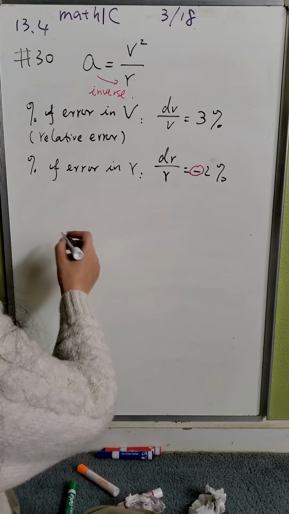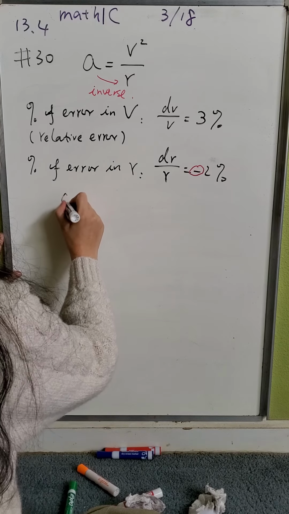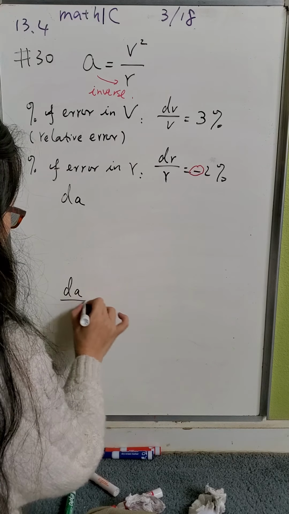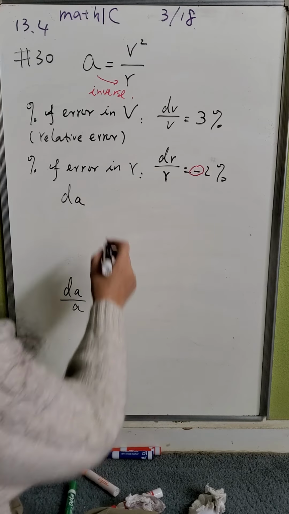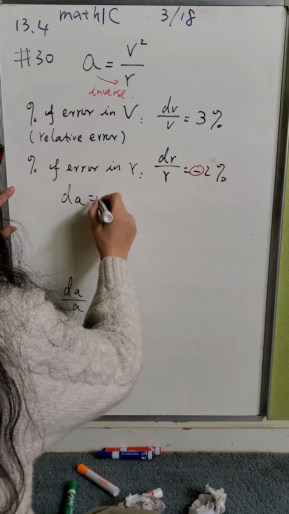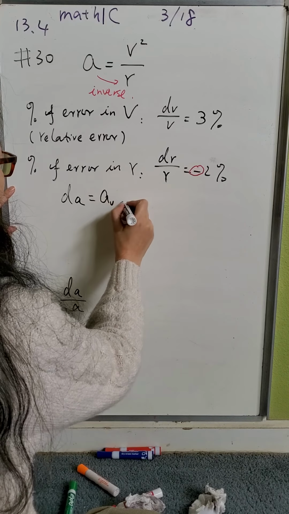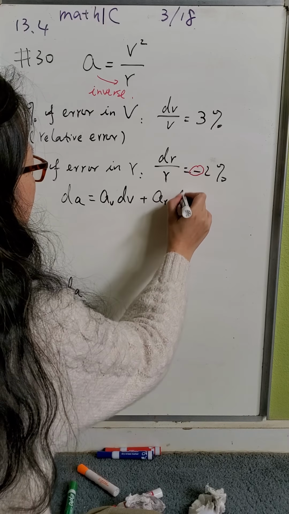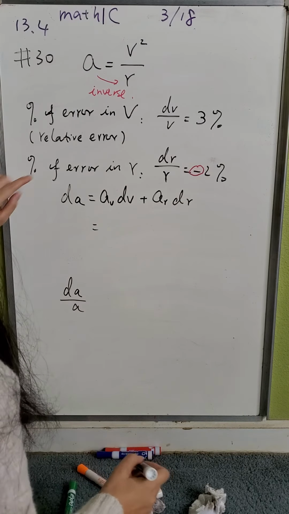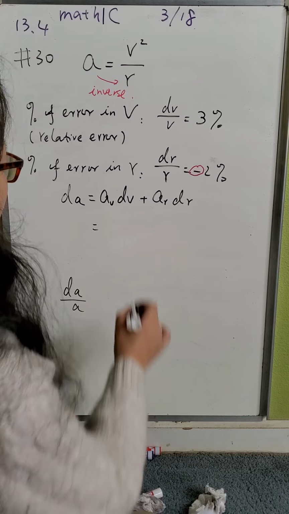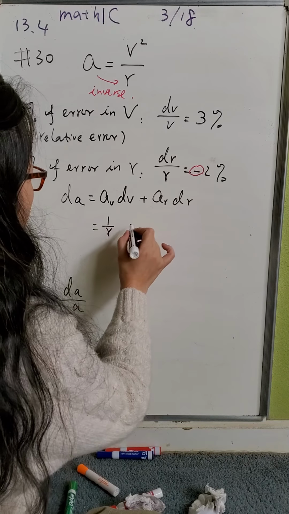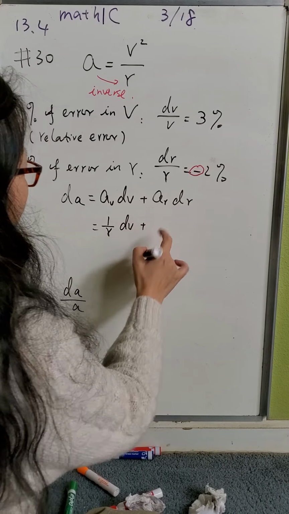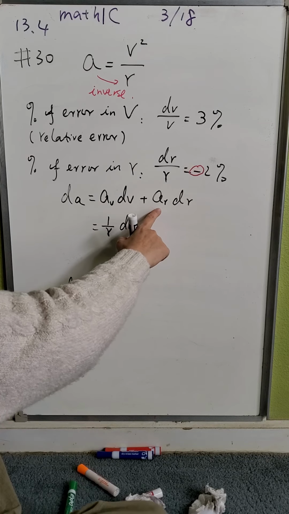They ask you to find dA and then dA over A. Okay, they want to find two things. Well, dA is just equal to what? A_V dV plus A_R dR. So with respect to V is just equal to 1 over R, dV plus A_R is just equal to what?